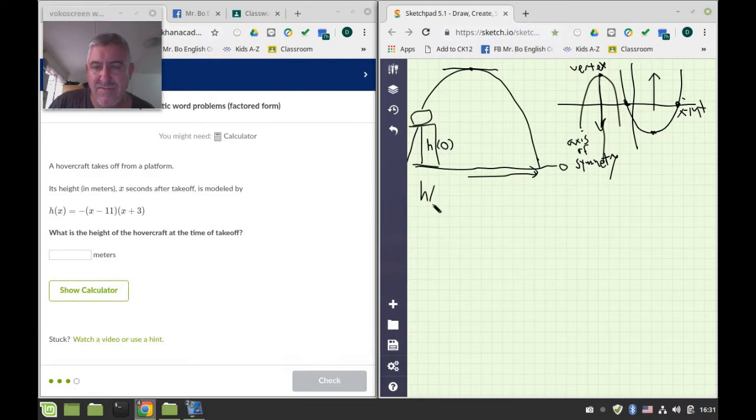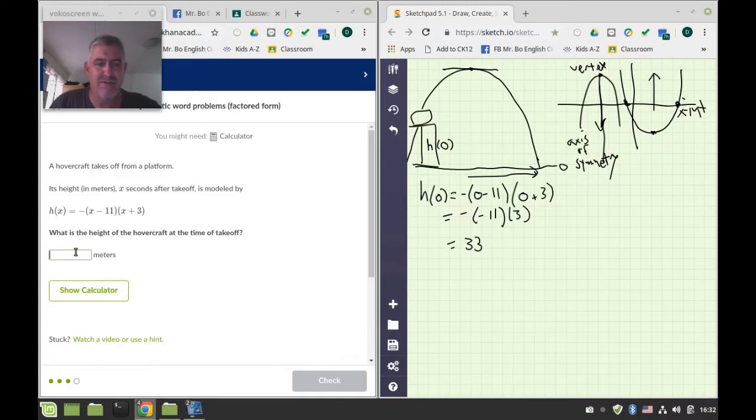At the time of takeoff, h of 0 is equal to negative 0 minus 11, and we'll just put 0 wherever we see x. 0 plus 3, we're just substituting, which is negative 11 times 3, which is 33. Remember, negative times negative is positive, so it's 33. So it starts off at 33 meters.